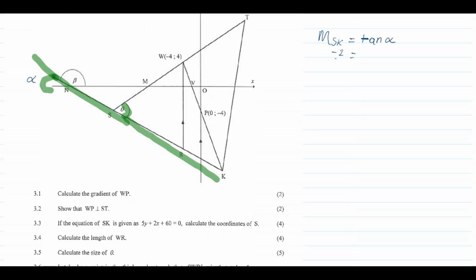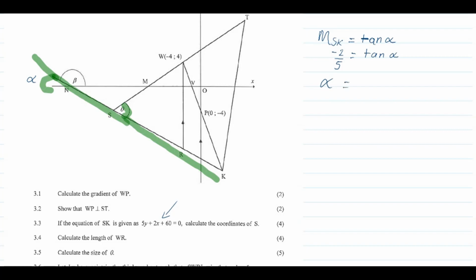I'm going to write that down. The gradient of line SK is equal to the tan of our alpha, and we got the gradient of SK to be equal to negative 2/5, and that is equal to tan of alpha, right?